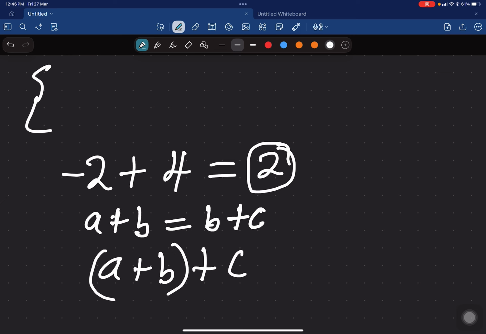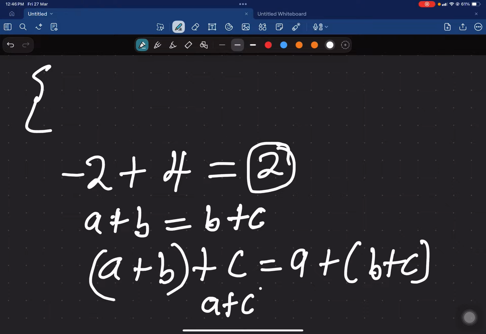It should be the same as adding a to the result of b plus c. Another way could be a plus c, then you add the result to b. This is all the associative property of addition.